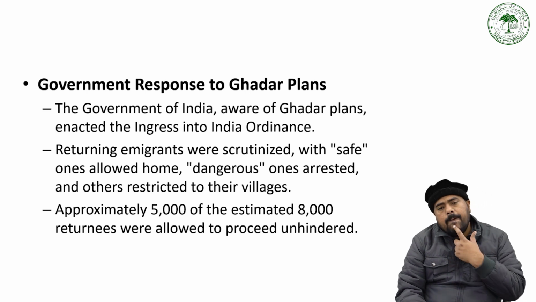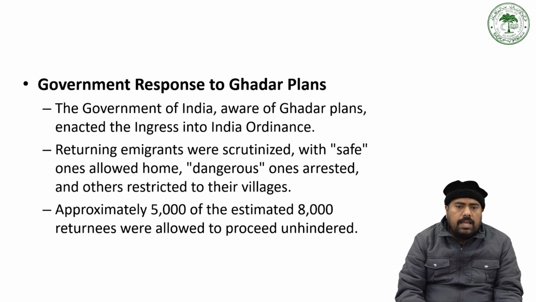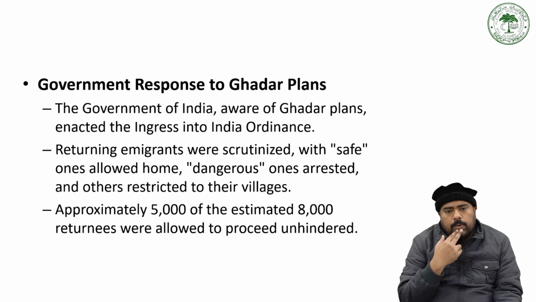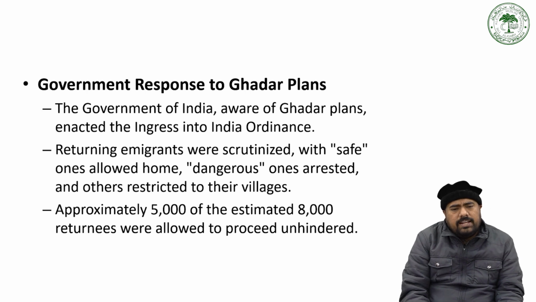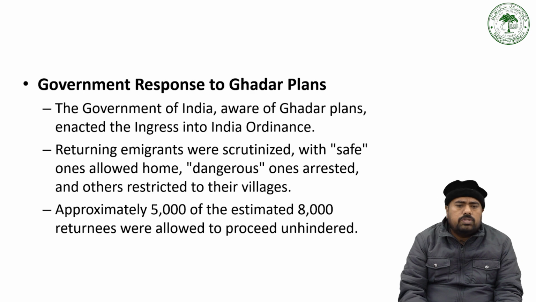Their history of activities was checked, and ultimately they were sent to the Cellular Jail of Andaman and Nicobar, and also restricted to their villages, and approximately 5,000 of the estimated 8,000 returnees were allowed to proceed unhindered.